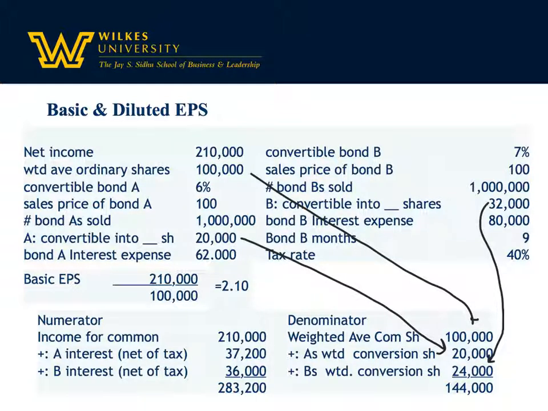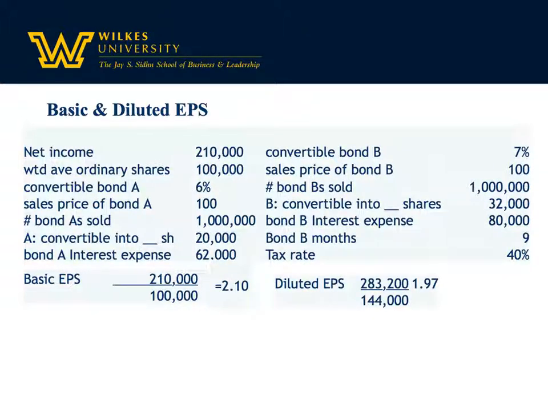So when we take the 283,200 divided by 144,000, we get a diluted earnings per share. That is $1.97. We always go back and compare, is $1.97 smaller than $2.10? Yes, it is actually a diluted earnings per share, and we need to show it.